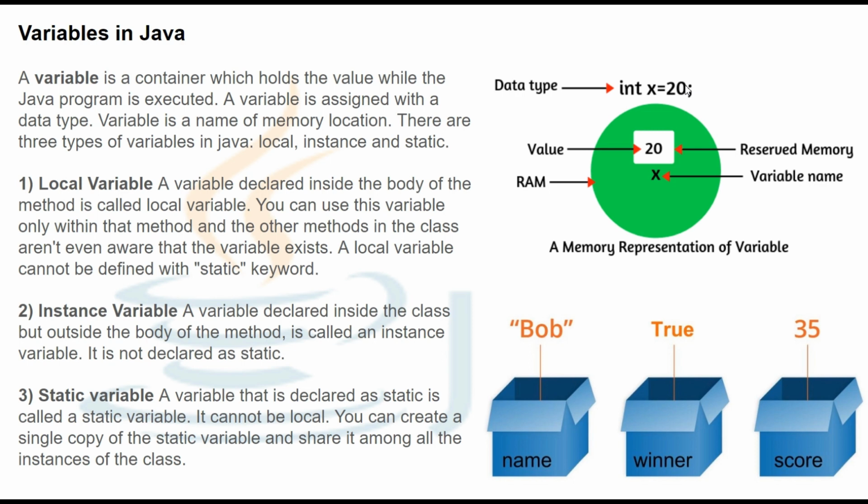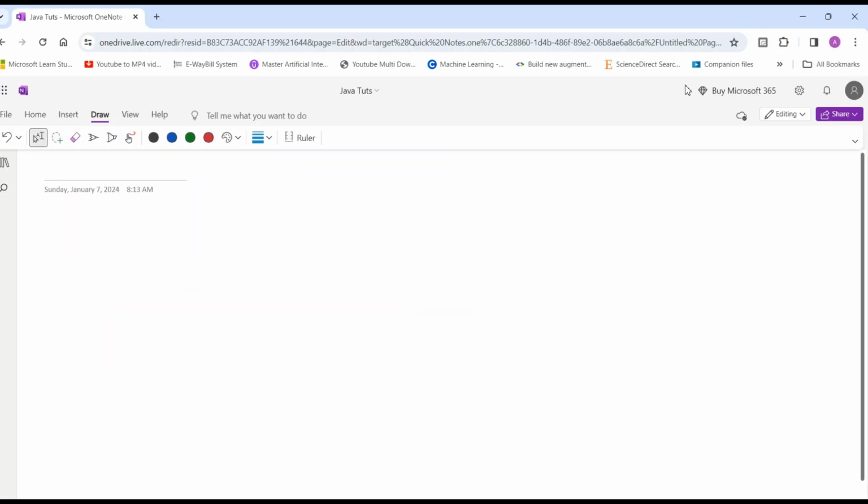Okay, let me show a clearer visualization of what variables are. Suppose this is our memory. Inside of memory, we have different locations where we can store values. Suppose we have to store the area of some carpet or some land, an area of 100 square meters, let's say.